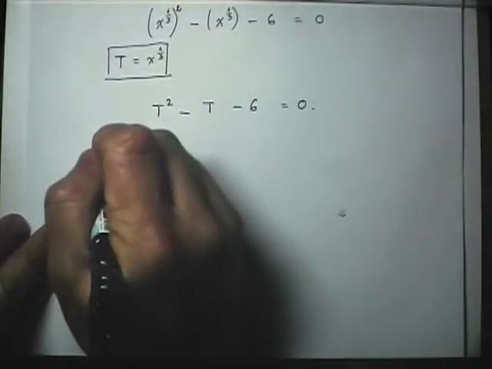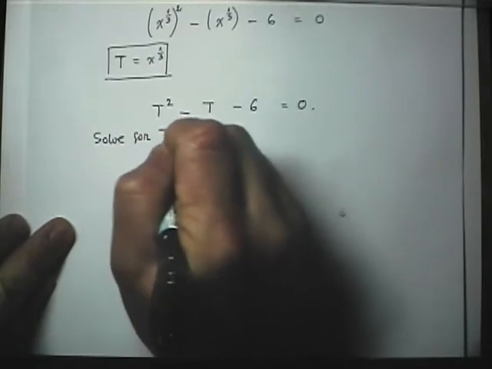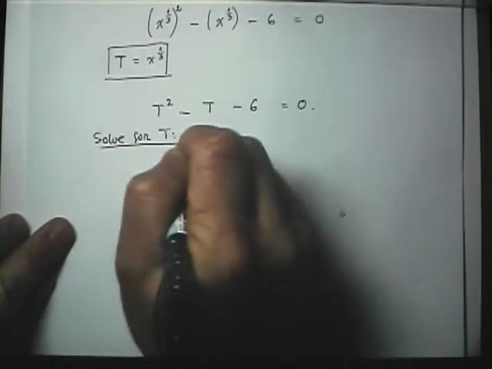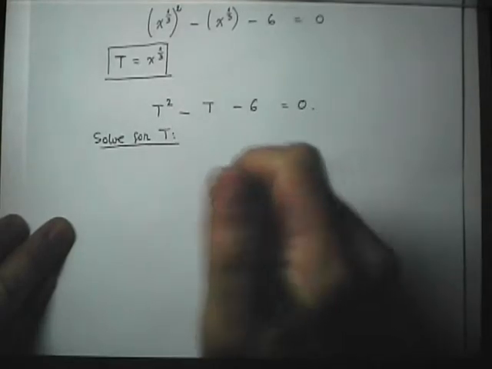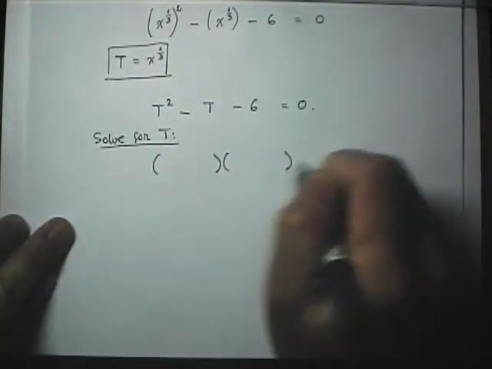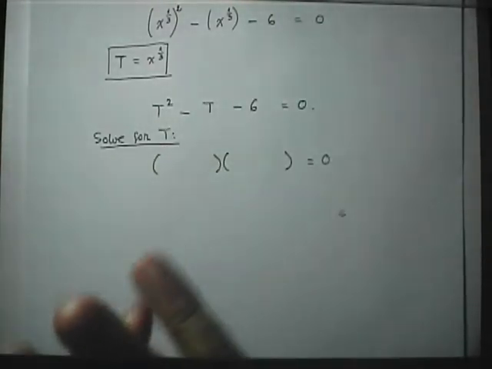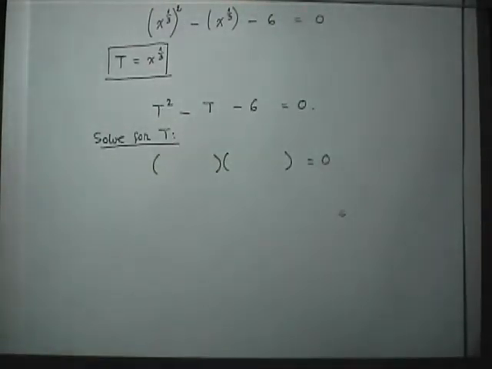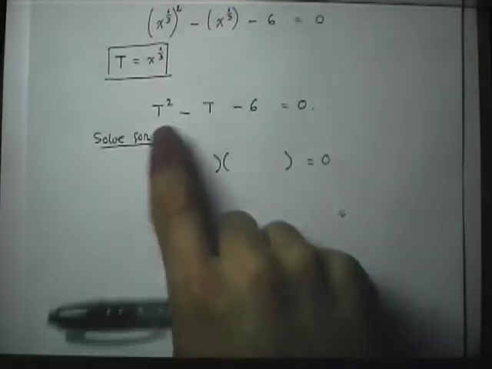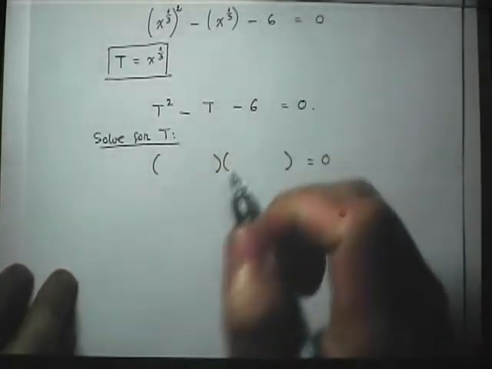Now, let's turn to solving for t. The best method for me, but you can solve this equation using any of the methods I showed you in 1.5, the quadratic formula, completing the square, whatever formula you want.